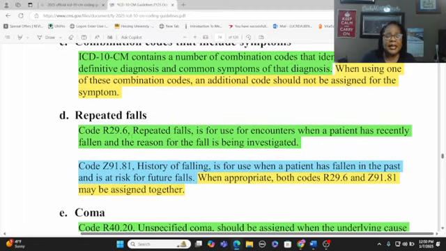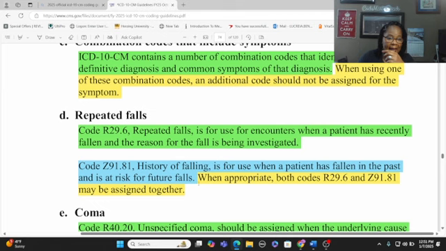Code R29.6, repeated falls, is for use for encounters when a patient has recently fallen and the reason for the fall is being investigated. However, code Z91.81, history of falling, is for the use when a patient has fallen in the past and is at risk for future falls.